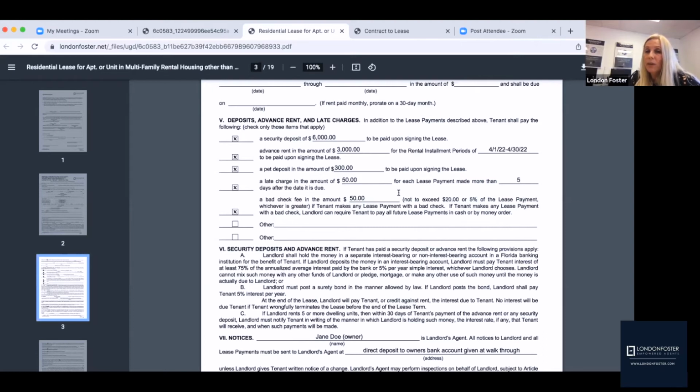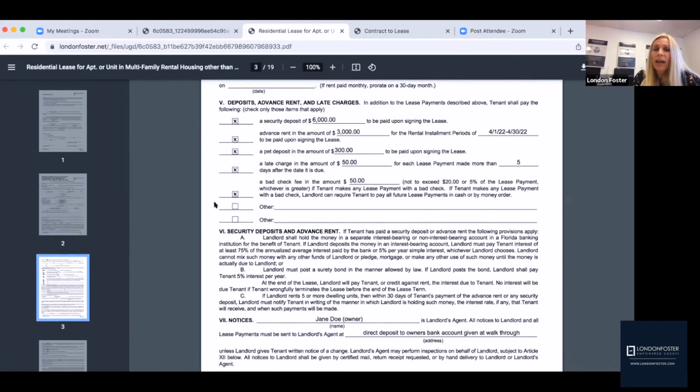So do the math and make sure that it's not an excessive fee. For me, it's a deterrent. I always usually just put $50. I don't know of any banks that are charging a bad check fee of $50, but it is an inconvenience to the owners. And although my bank personally charges $30, I put $50 just as a deterrent, to make the tenants aware that they're going to be charged a fee if it is late.